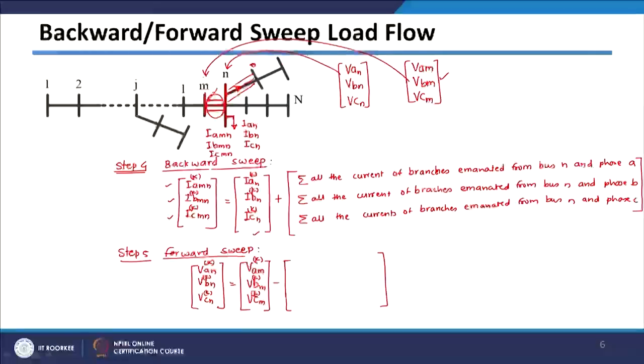and if all the 3 phases are present in this section, it will be a 3 by 3 impedance matrix. So it will be ZAA, ZAB, ZAC, ZBA, ZBB, ZBC, ZCA, ZCB and ZCC. And since this section is mnth section, I can just write mn everywhere.